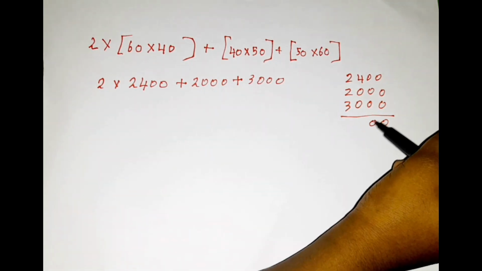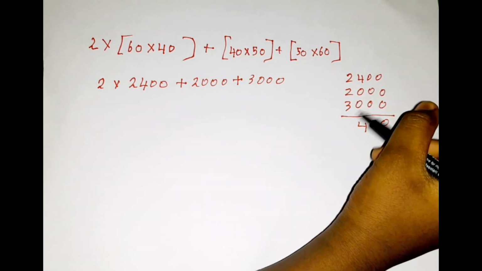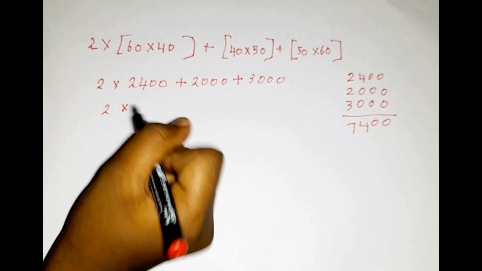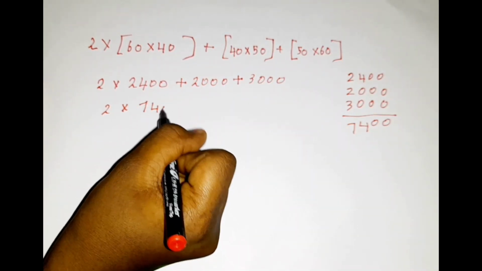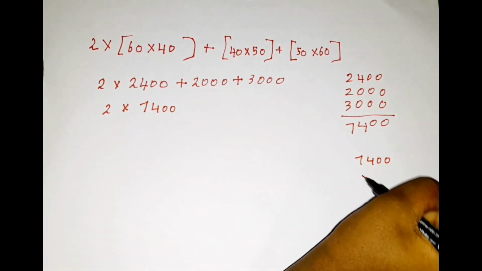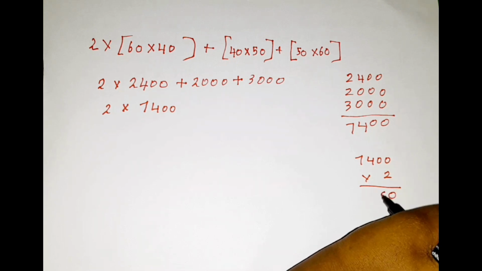So 0 0 4. 3 plus 2 is 5. 5 plus 2 is 7. So now we have 2 into 7400. So 7400 into 2. Am I right? So 2 zeros are 0, 2 zeros are 0, 4 2s are 8, 7 2s are 14.